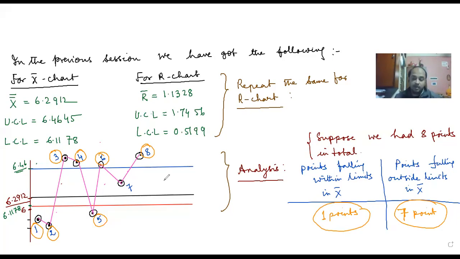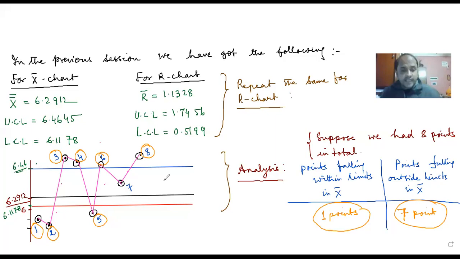One was you may have operator kind of problems, or the products are defective. I mean, the raw materials for the products are defective, or maybe the system is not actually suitable. Machines are not working properly.